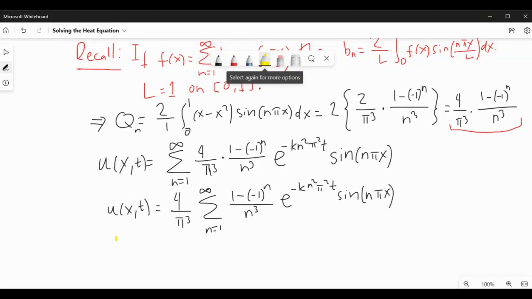And so this is our solution for the heat equation satisfying the three conditions that are given to us.